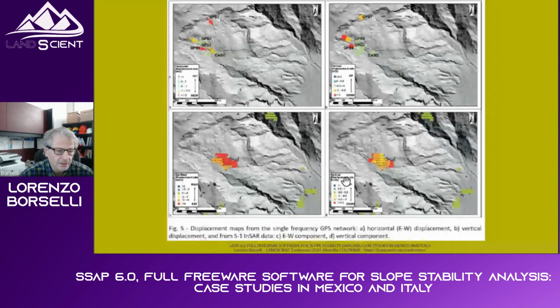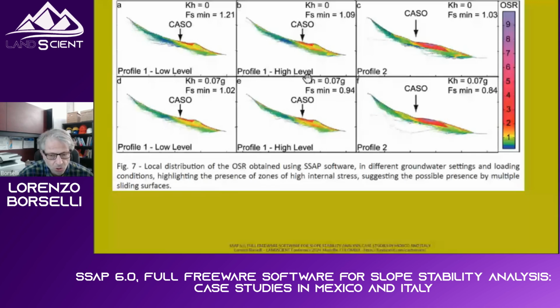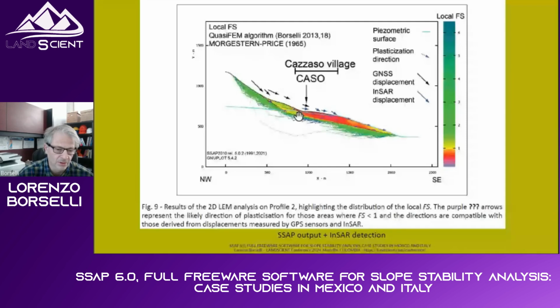In this practical case, we have several color maps with overstress ratios that are practically related to the inverse safety factor, but indicate the areas with high mobility, and it's demonstrated with the combination of the InSAR displacement direction.